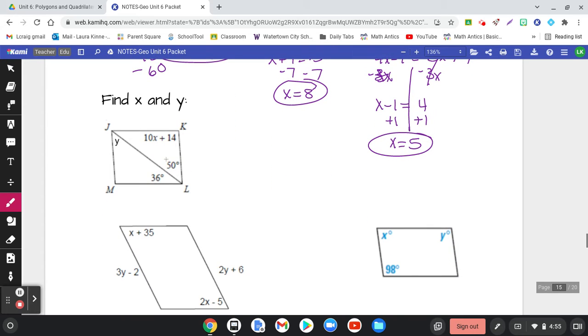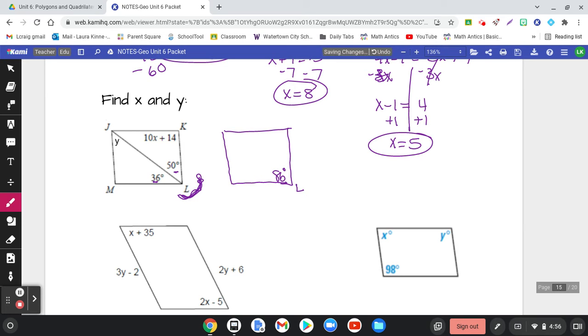All right, this next one's a little tricky because you got a lot going on. First of all, I want you to think of this as a whole polygon without the diagonals there. Okay, angle L, since this is 36 and this is 50, all of angle L would be 86.